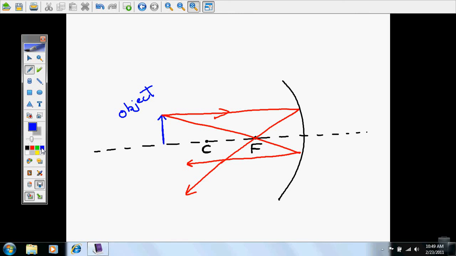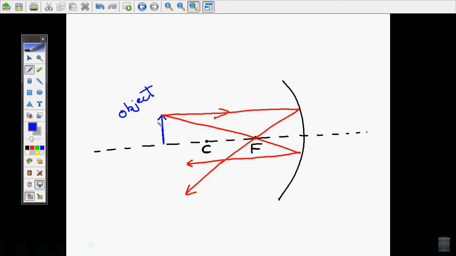And where the two intersect, that's where the image's head is located. So this is the object's head. I just located the image's head right there.